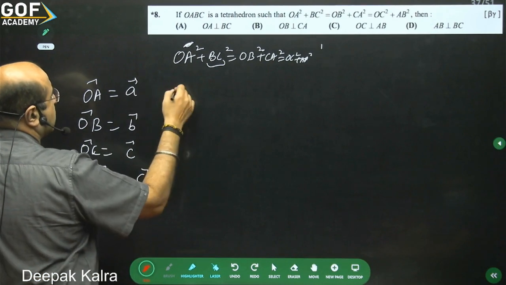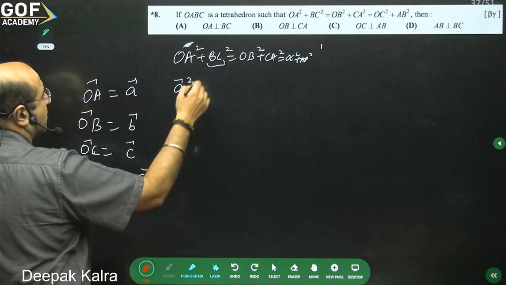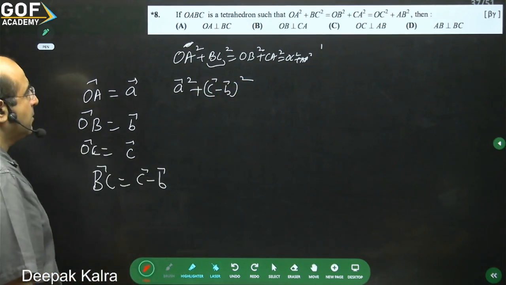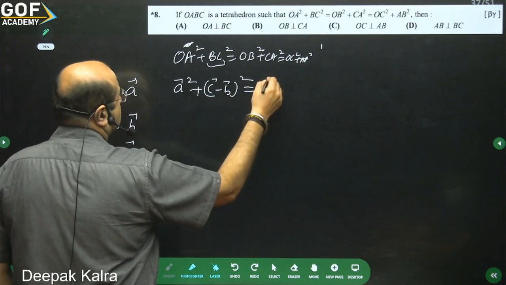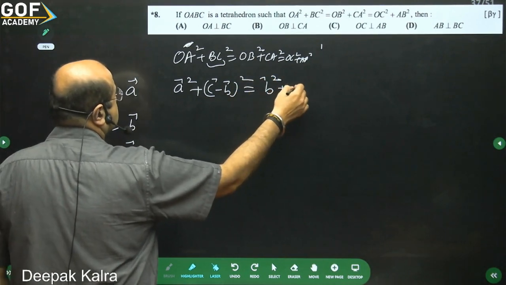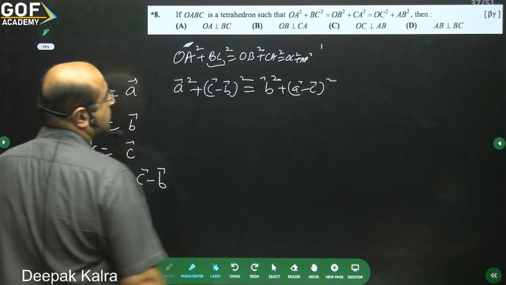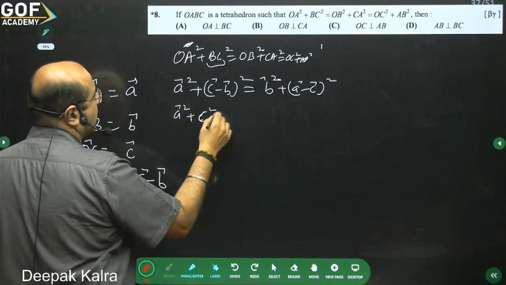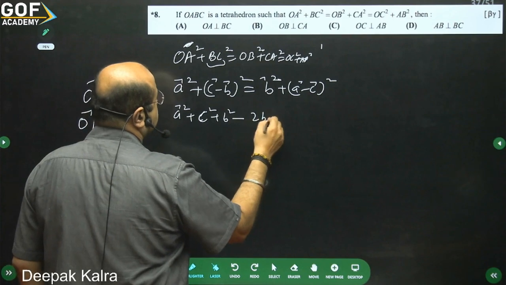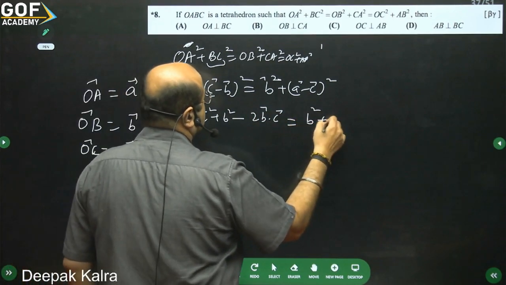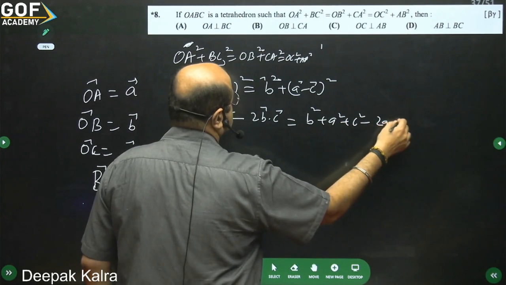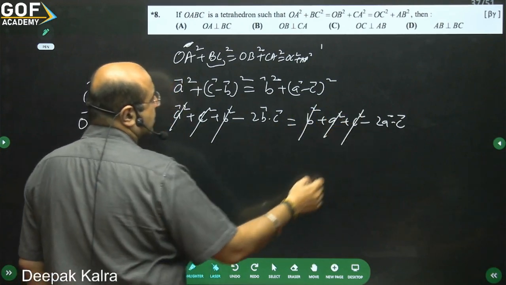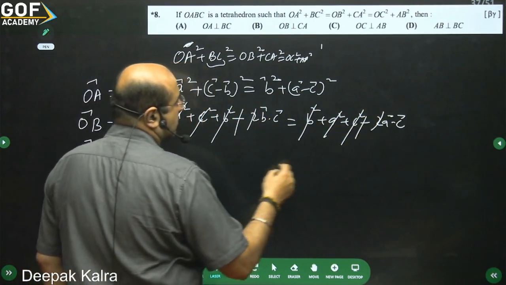So OA square is nothing but A vector square. BC is nothing but C minus B vector square, which should be equal to B square plus A minus C square. Now open it up. You get A square, C square, B square minus 2 B dot C, equals B square plus A square plus C square minus 2 A dot C. A square, C square, B square cancel.